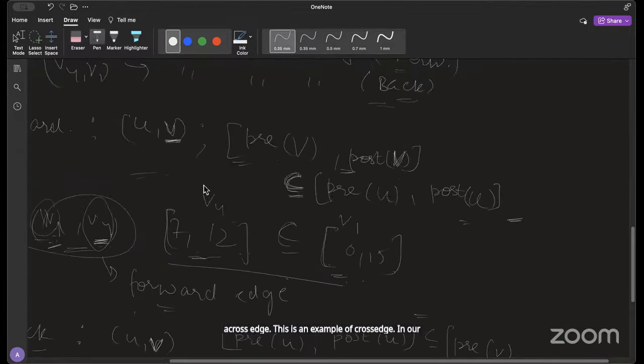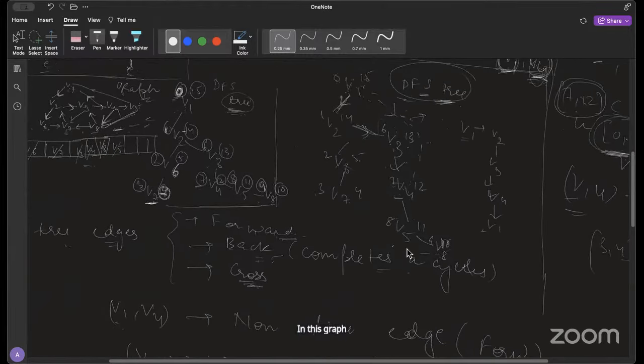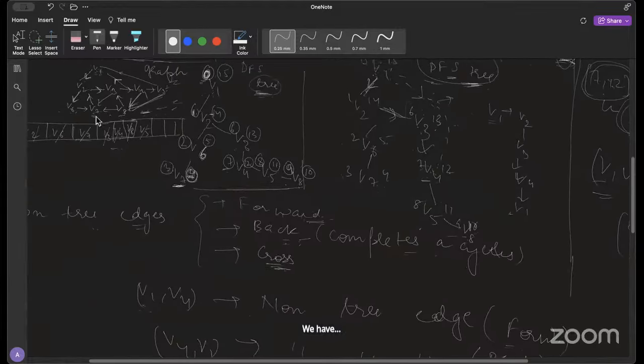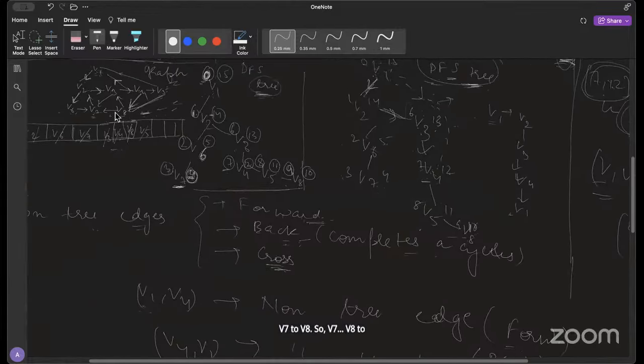In our original graph, we have V8 to V7. So V8 to V7 is an edge, right? Yes, ma'am. V8 to V7 is in the graph, but it's not in the tree. That means it's a non-tree edge, right?